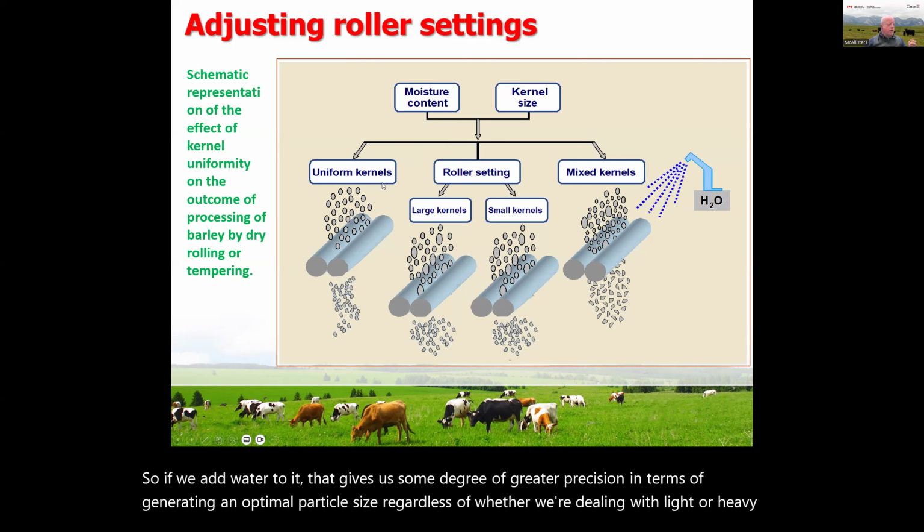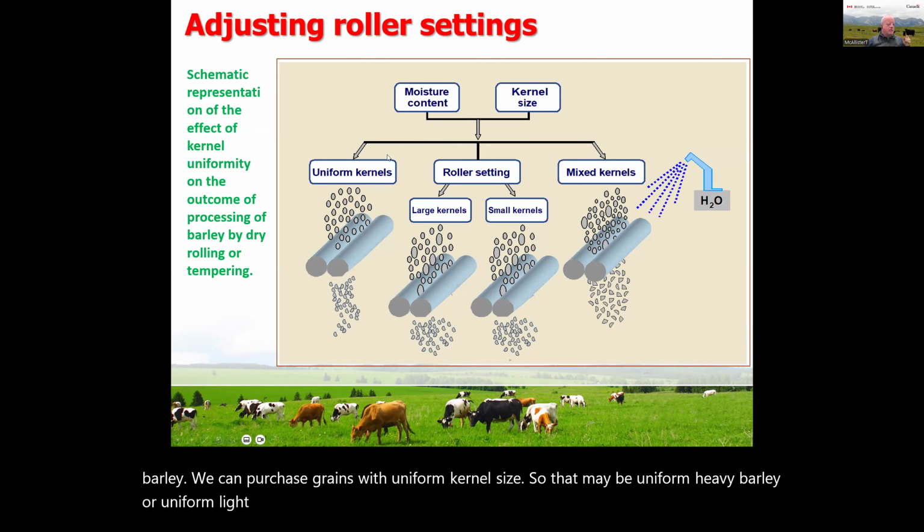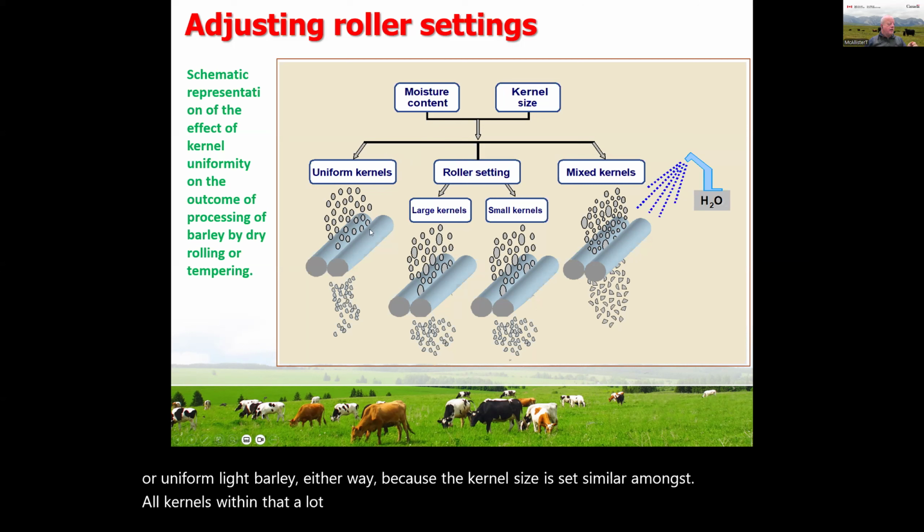We can purchase grains with uniform kernel size. That may be uniform heavy barley or uniform light barley. Either way, because the kernel size is similar amongst all kernels within that lot of grain, we can set the rollers to a single setting and optimally process the grain within that lot.